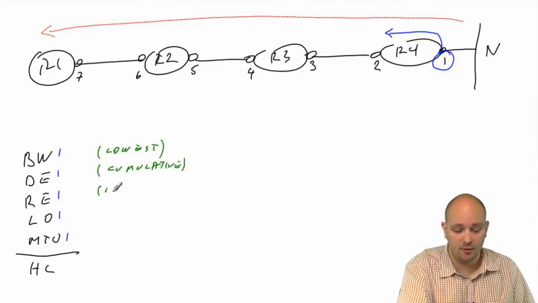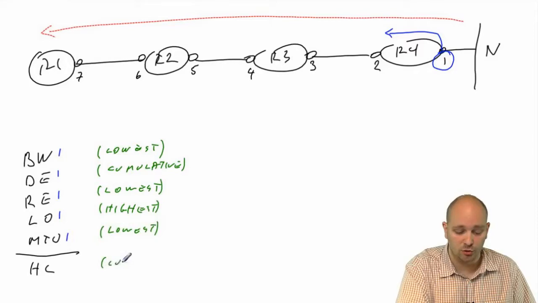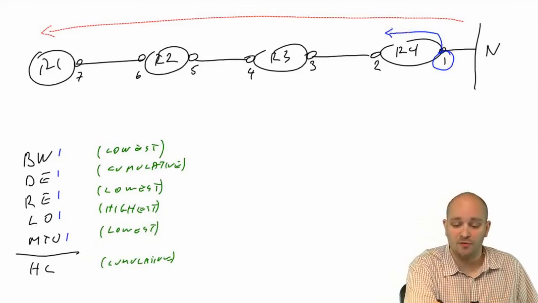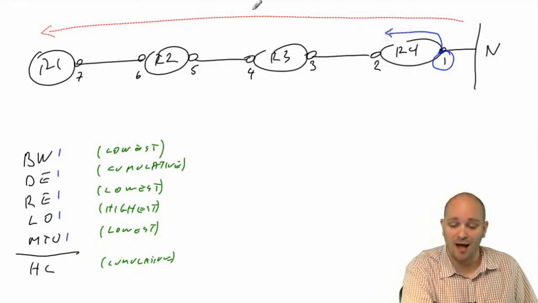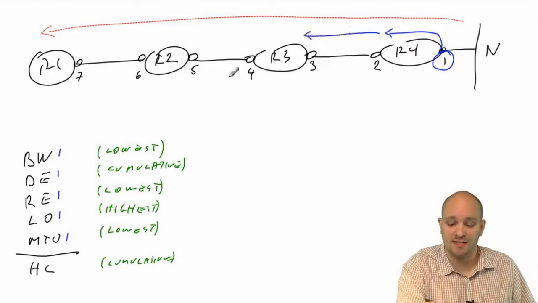For reliability, we are going to be seeing the lowest value. For load, we are going to be seeing the highest value. And for MTU, we are going to be seeing the lowest value. For hop count, it's also going to be a cumulative value here.